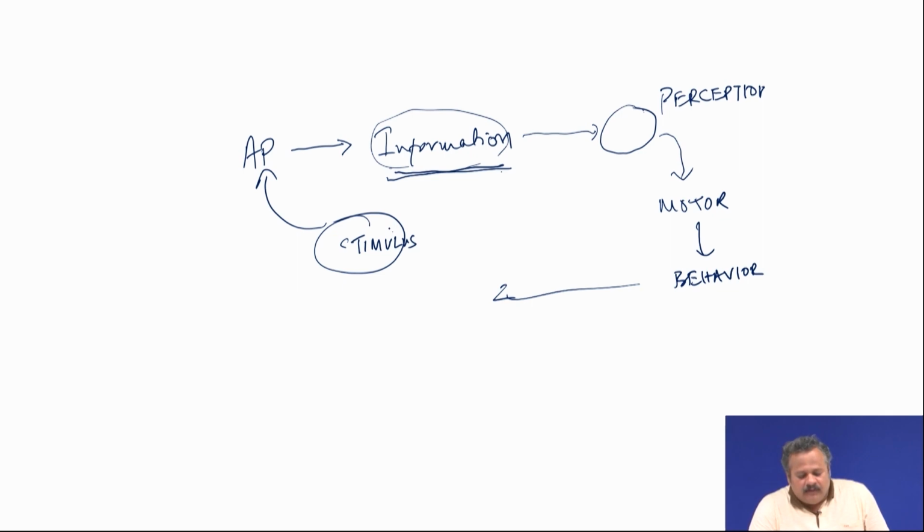So the one thing is that we need to keep the information intact, in whatever sense we mean information, so that we can get the percept of the stimulus. And if we think of up to this point, we will not talk about the motor and behavior part, up to simply the feed forward thing. Up to this point, to represent that information, what we are using is action potentials.